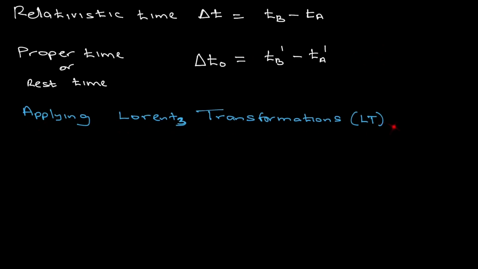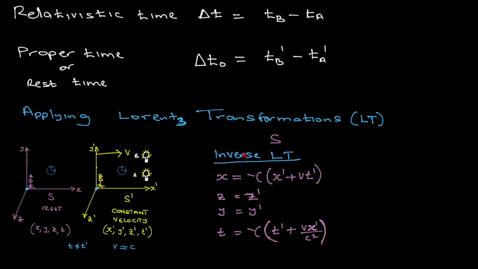Applying the Lorentz transformation, where for S, the inverse or reverse Lorentz transformation, X is equal to gamma open bracket X prime plus VT prime close bracket, where Z is equal to Z prime, Y equals Y prime, T equals gamma open bracket T prime plus Vx prime over C squared close bracket.